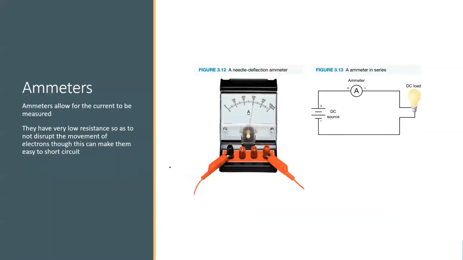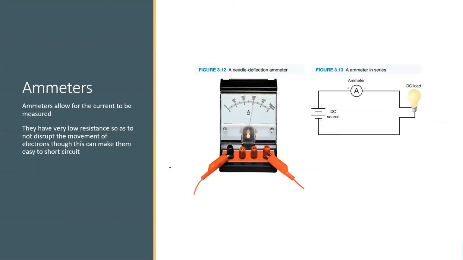In the last 2 minutes, I'm going to quickly talk about ammeters. An ammeter allows the current to be measured. So how do we measure these currents? We use an ammeter. Ammeters have very, very low resistance so as to not disrupt the movement of electrons, because we don't want a high resistance, as that would interfere with the circuit.